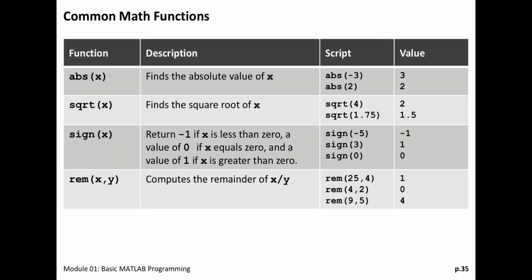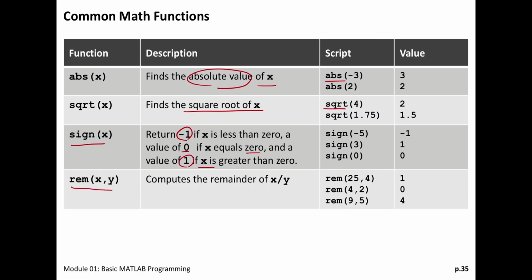Other math functions compute the absolute value of x, abs, and the square root of x, that is sqrt. And sign gives you the sign of your variable. A negative value gives you -1, 0 gives 0, and a positive value gives 1.